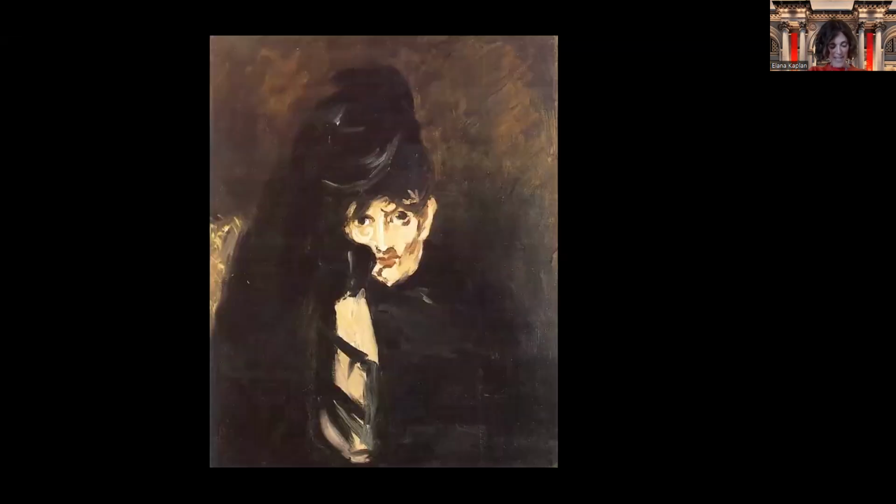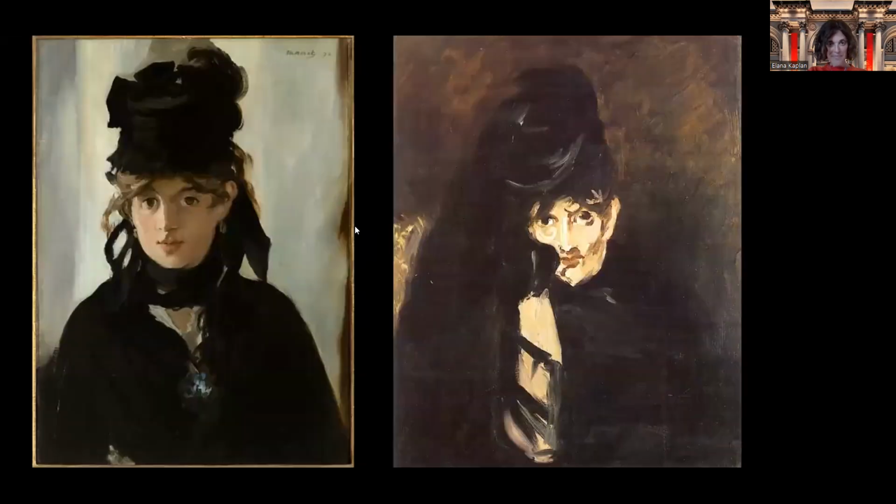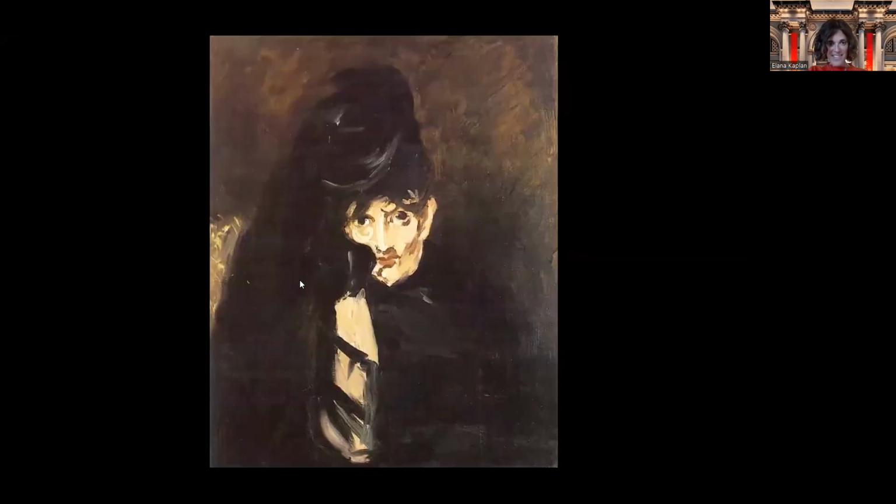Okay, here's another painting that Manet did of Bertha Morisot. And we can look at them side by side here. Okay.